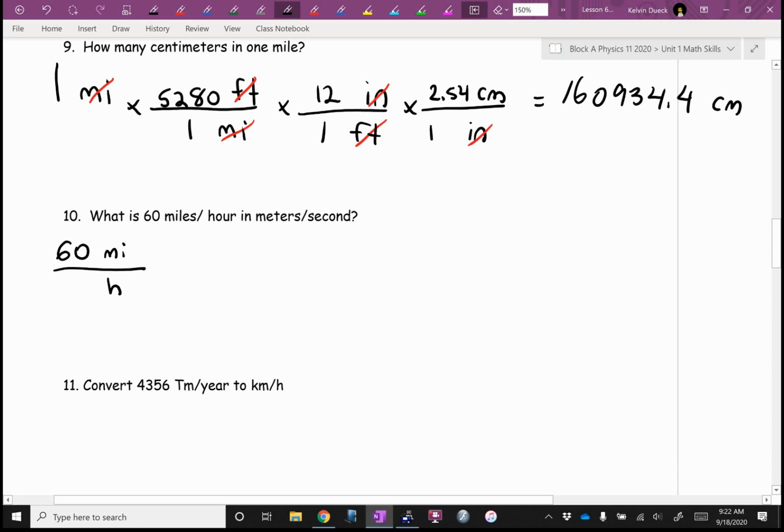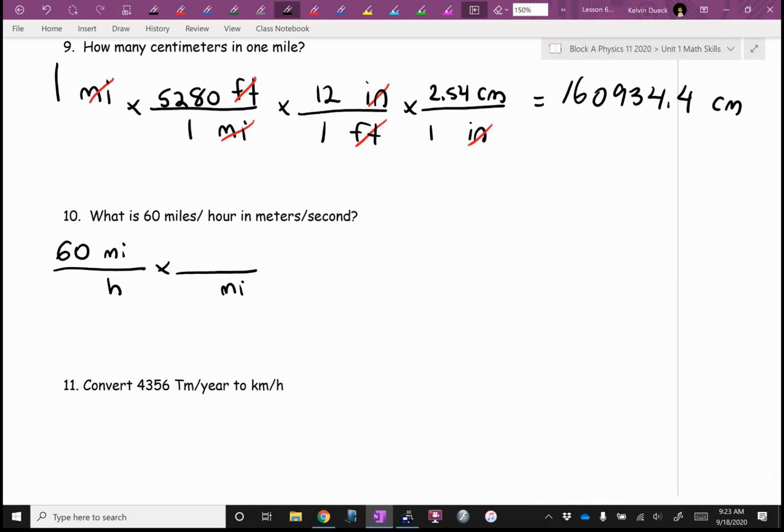What do you want to do first? Miles to meters or hours to seconds? I don't care. Pick. Miles? Okay. Where's miles going to go in my next fraction? I think you said bottom, yes? What am I going to put on the top?